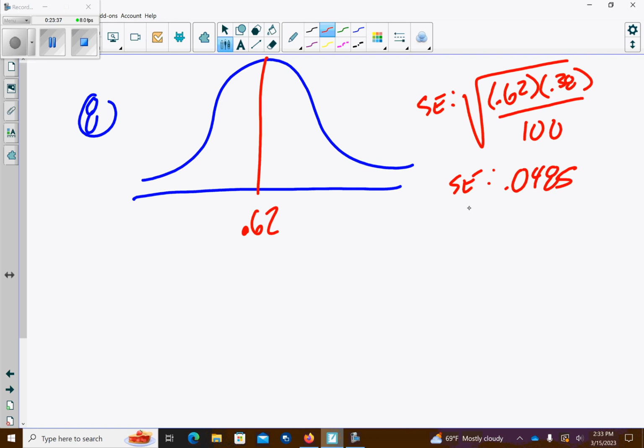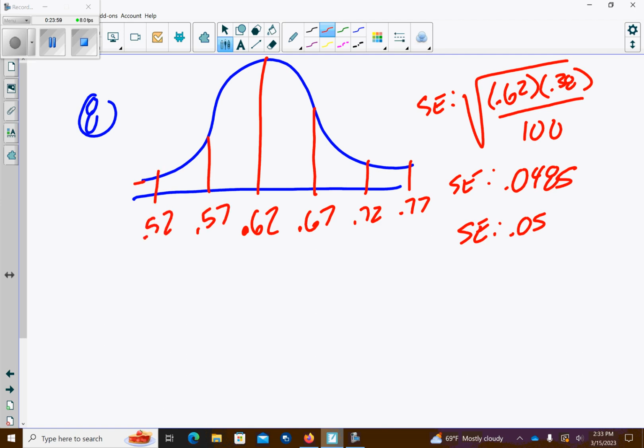Let's round that to 0.05. So if I continue to shade this, this is going to give me 0.67, 0.72, 0.77. If I go down this way, this gives me 0.57, just subtracting 0.05, 0.52, and 0.47. Those take place there.